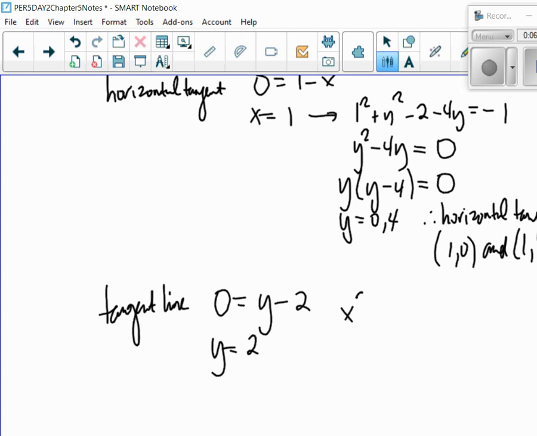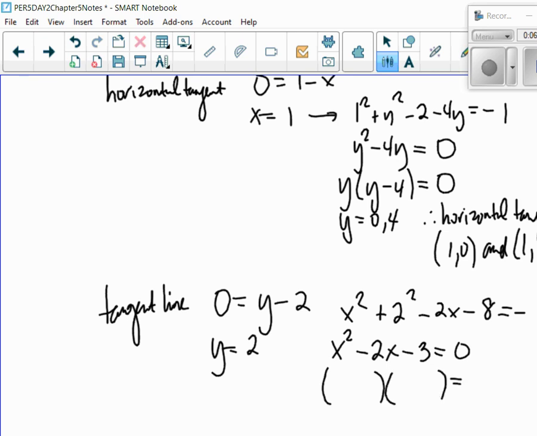So x squared plus 2 squared minus 2x minus 8 equals negative 1. So x squared minus 2x, 4 minus 8 is negative 4, plus 1 makes negative 3, and then that factors beautifully.